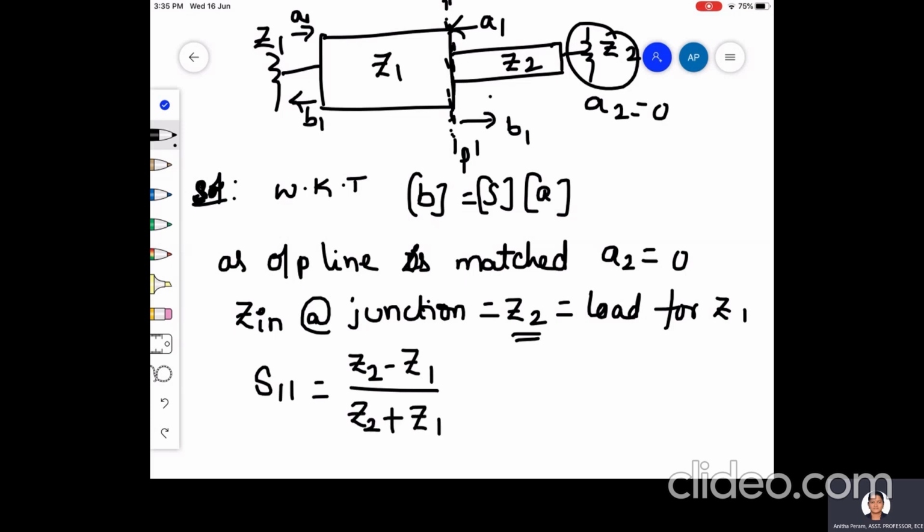At the plane I am observing the reflection coefficient at port 1. For this the load is ZL and the characteristic impedance is Z1. That's the reason we get Z2 minus Z1 by Z2 plus Z1. So this is the reflection coefficient at the input side.